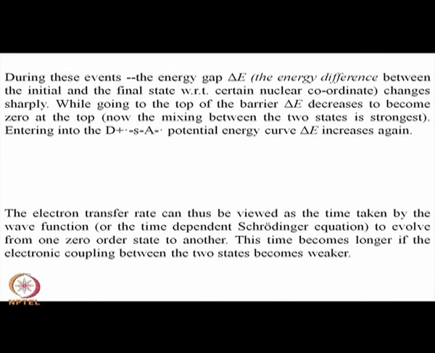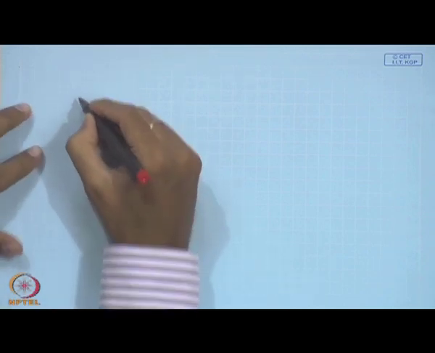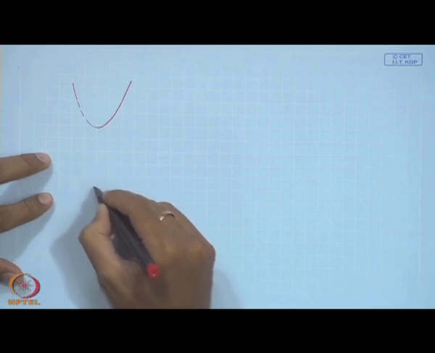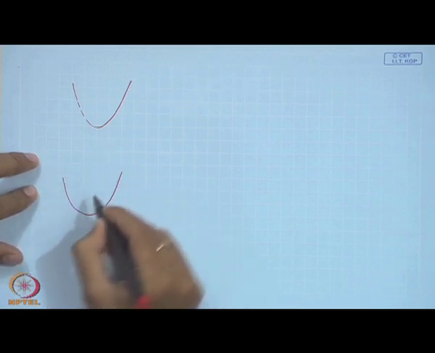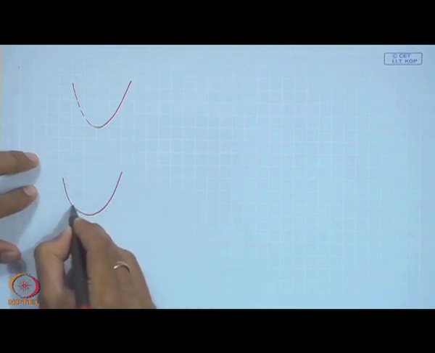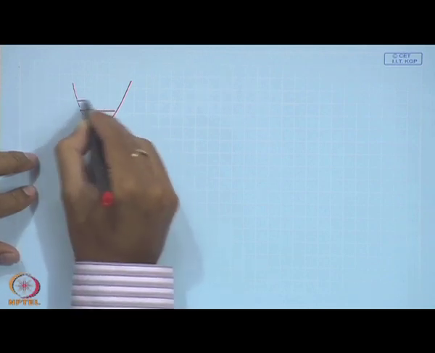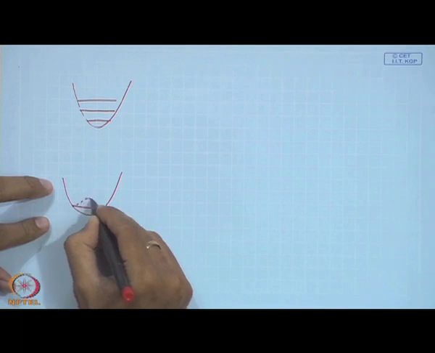In case of any electron transfer, if you think that you have one well, and there is another, the transition will take place in such a way that it is over here.